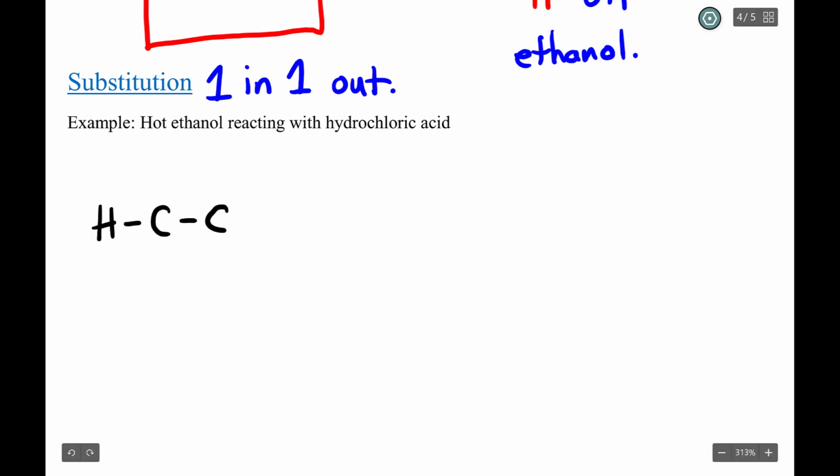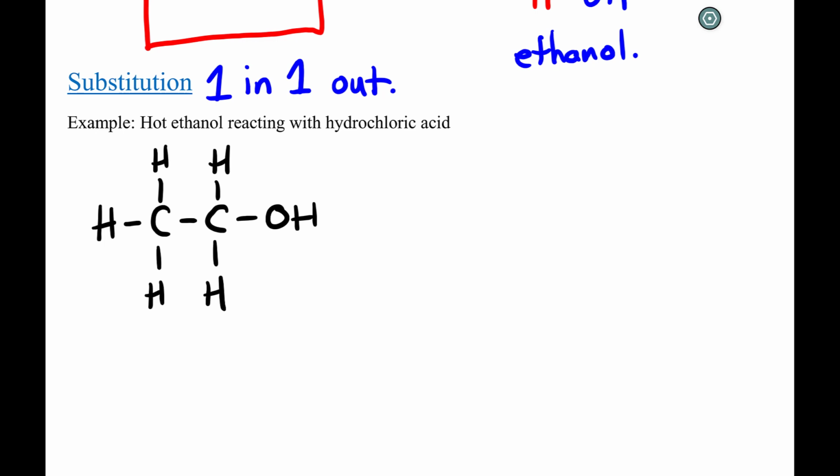Now generally in a substitution, and I'm saying this generally, what you're going to be substituting out is a nucleophile. And a nucleophile is a very electronegative atom or group of atoms. And so in our question here, again, I'm going to color code this.